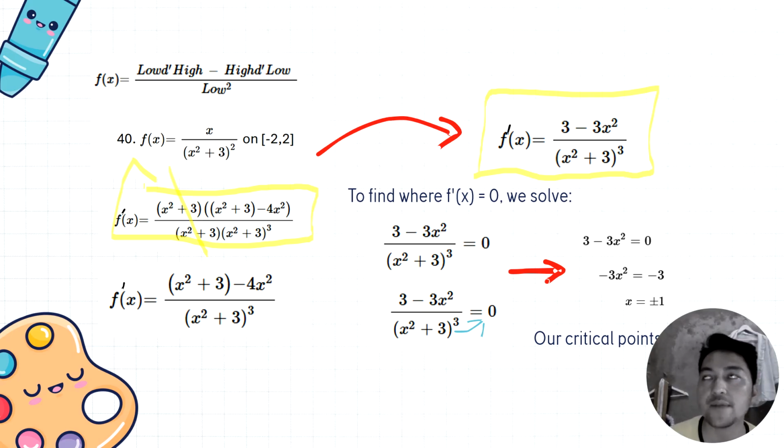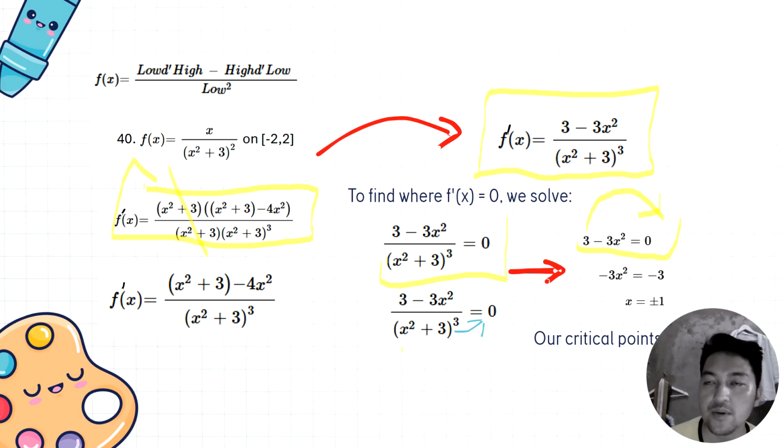Then, to find where f prime of x is equal to 0, we equate 0 to our f prime of x. Then we cross multiply, and we will have 3 minus 3x squared equals 0. We put 3 to the other side, so we have negative 3x squared equals negative 3.